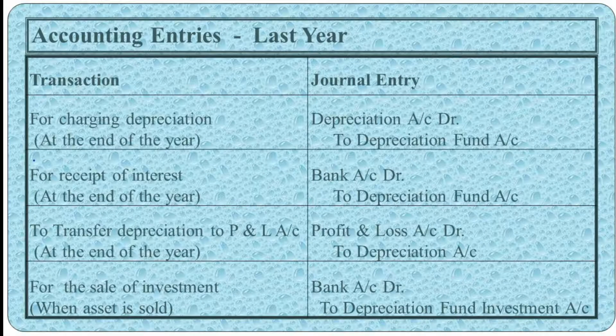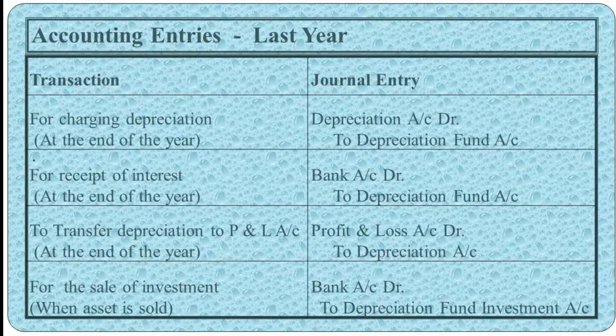Now coming to last year. In the last year, entry for providing depreciation, entry for receipt of interest, and entry to transfer depreciation charge to profit and loss account are recorded as done in previous years. In the last year, investments are sold, so the next entry recorded is for sale of investment.